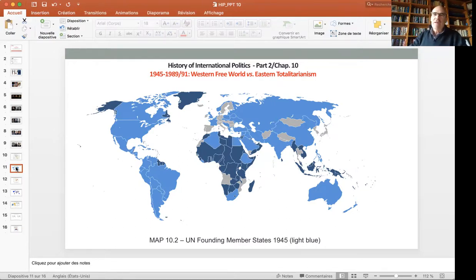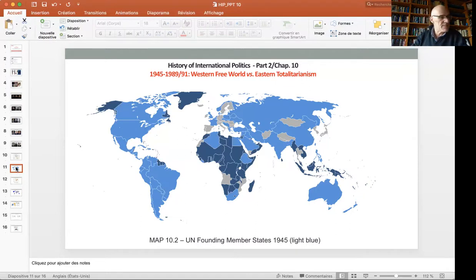And this principle, this internal dimension of the sovereignty principle, will be regularly reaffirmed after 1945, notably in 1960 in the UN General Assembly Resolution 1514, relative to the right of self-determination.